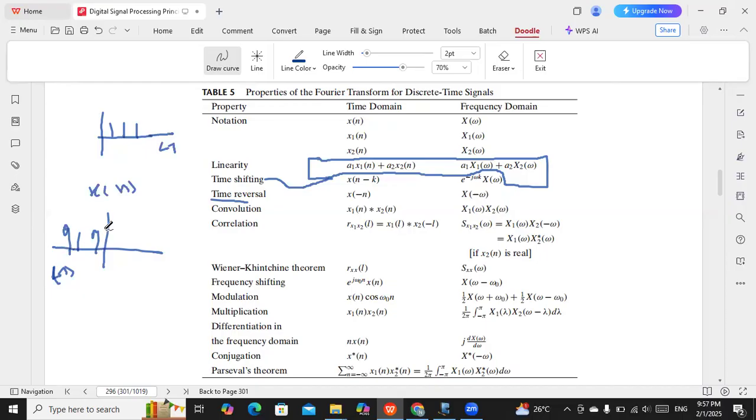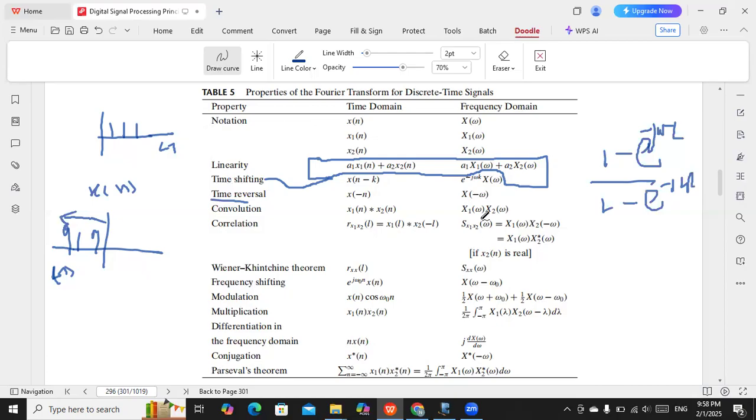And if you are asked to find the Fourier transform of this time reversed signal, again you no need to find it at the beginning. You have already found the Fourier transform of x[n], that is 1 minus e to the power minus j omega L over 1 minus e to the power minus j omega.